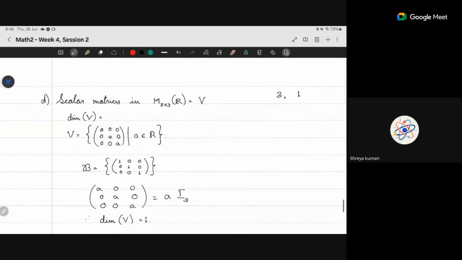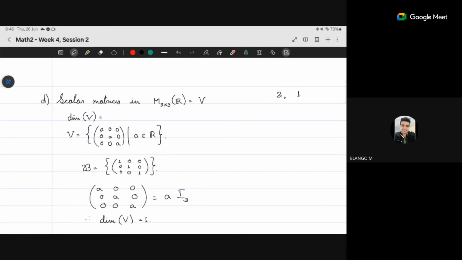Now, scalar matrices were very specific kinds of matrices. I won't write all of this down. I'll just ask you verbally and you answer. What about diagonal matrices? Sir, it will be 3. Any other guesses? It will be 3. Okay.